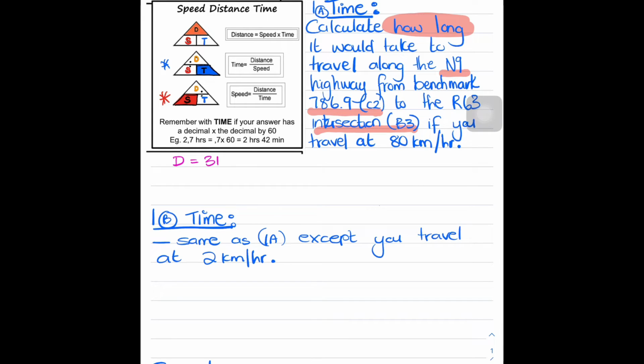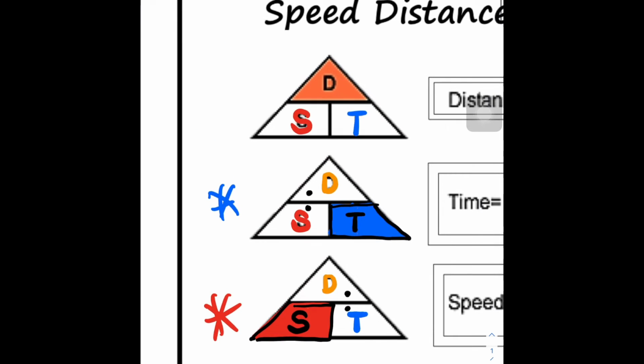Distance equals 3 kilometers. So we start working out what information we have for our formula. Now we're looking for the time, so we're going to divide by the speed at which we are traveling. And the question says you are traveling at 80 kilometers an hour. There's a little rule you need to remember: if you are working with kilometers, then we divide with hours.